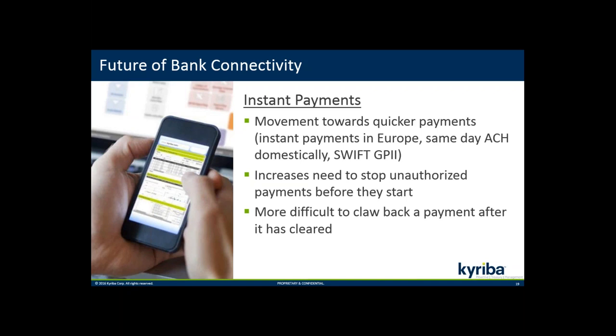Obviously, the reason that some of this additional transparency is needed is for the simple reasons at the bottom of the slide. If you have quicker payments, great vocabulary, if you have quicker payments moving more quickly, then you really need to stop those unauthorized payments before they start, and that's increasingly important.